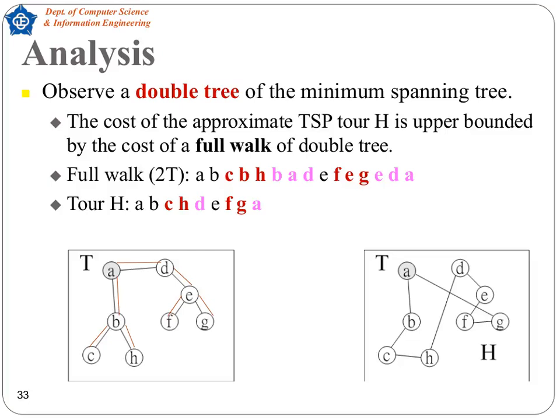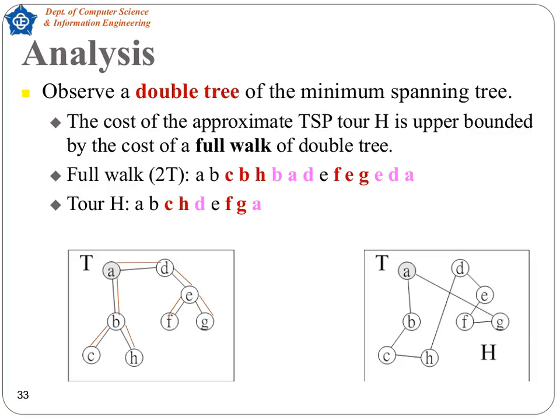To establish our upper bound on H, we start with a minimum spanning tree on 7 vertices. Then we double every edge to form an Eulerian graph. Traversing that doubled tree gives the walk A, B, C, B, H, B, A, D, E, F, E, G, E, D, A. And because each edge appears twice, the total cost is exactly twice the cost of the original spanning tree.